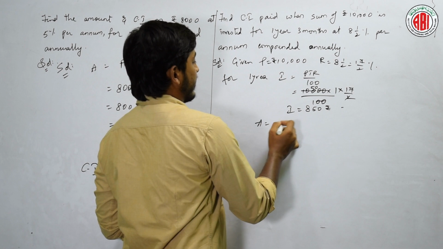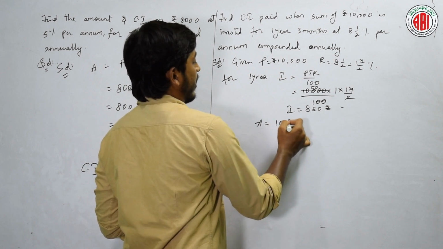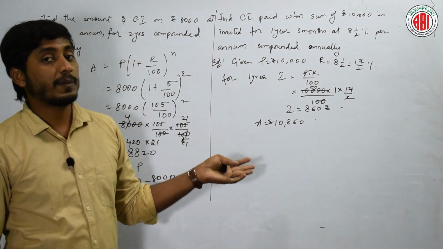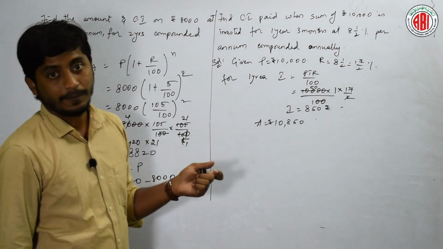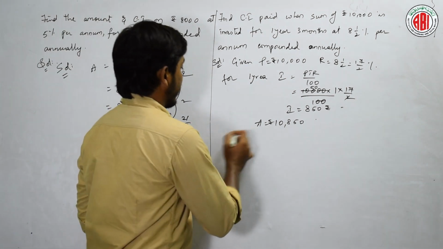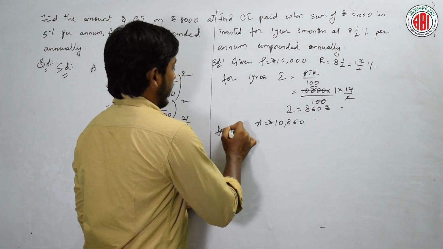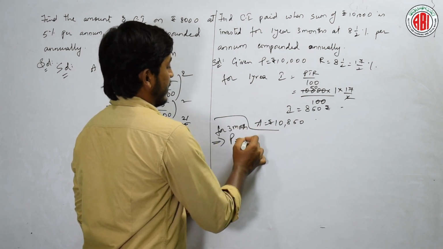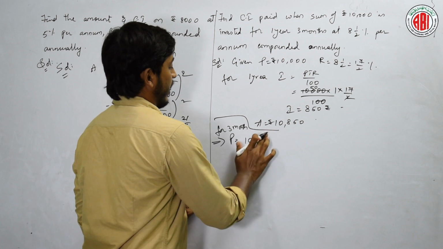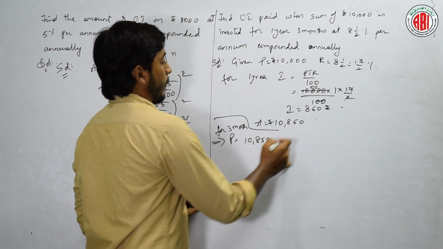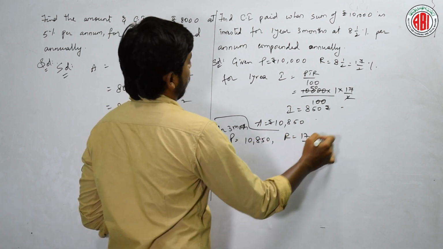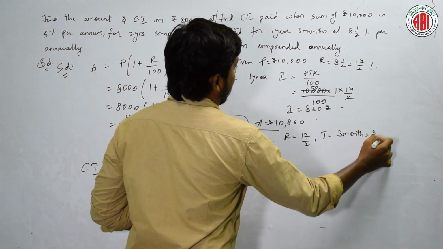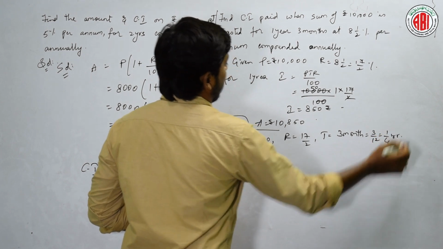Therefore, the amount for the first year is 10,850 rupees. This will be the principal for the next 3 months. Is it clear? For the next 3 months, principal is 10,850, rate is again 17/2, time is 3 months, that is 3/12, nothing but 1/4 year.